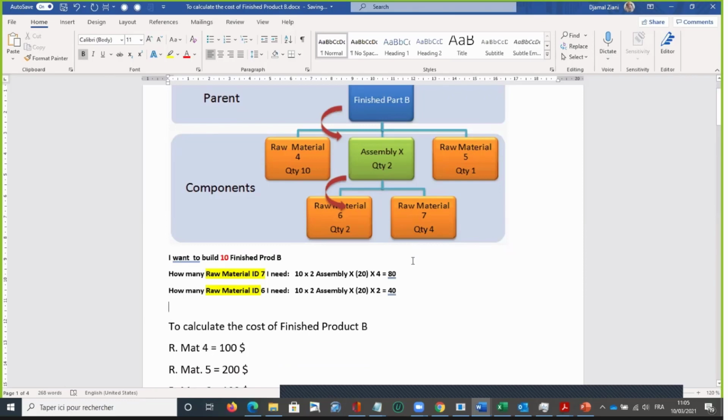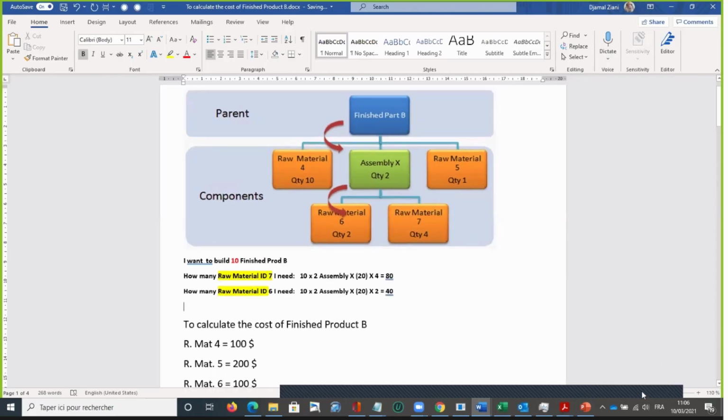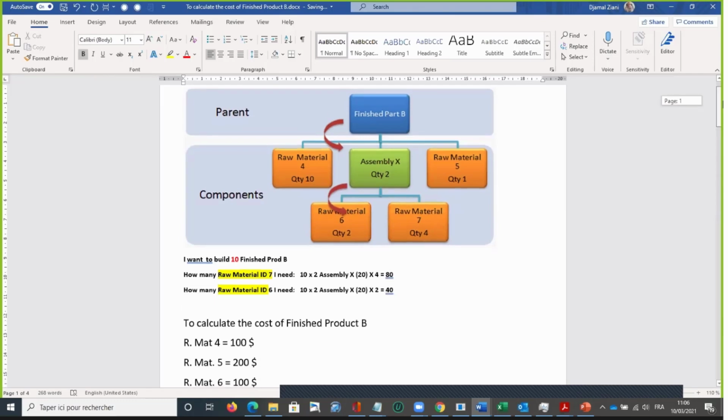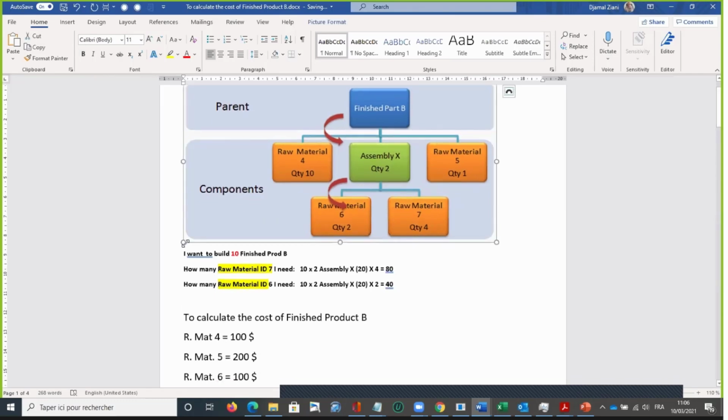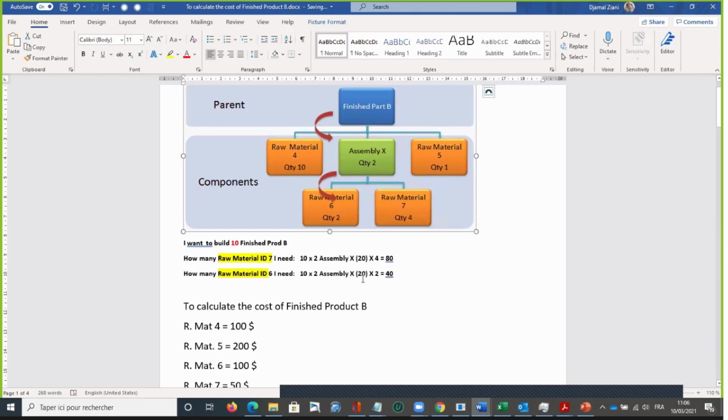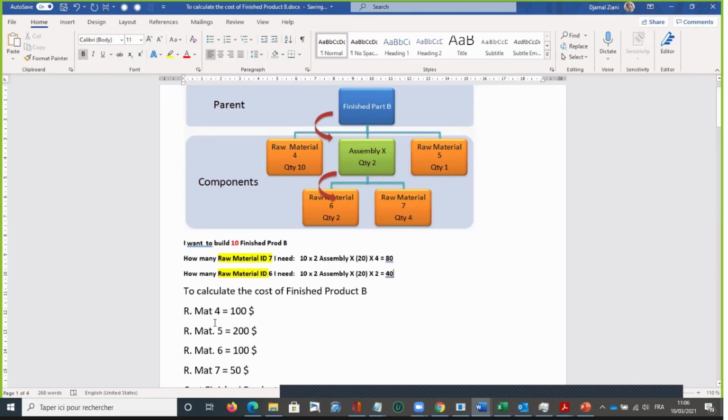Okay, now let's find the cost. Imagine that you have this cost. I will reduce it a little bit. I want to know the cost of my finished product B, and I have these costs.